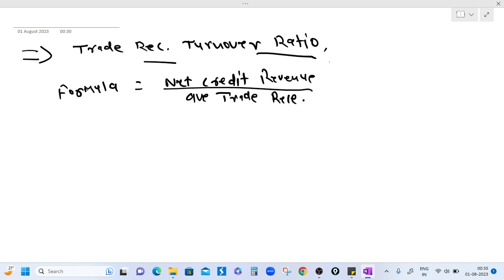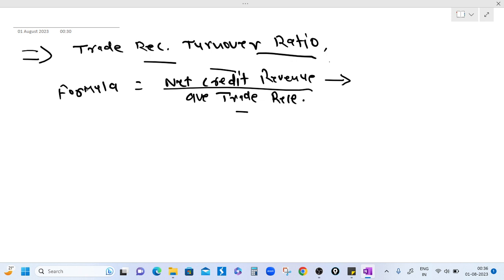You can understand why we take credit sales only: the sales we make on a credit basis will go into trade receivable. If we take complete sales, cash sales also, then it is not fair and it will not give the correct picture. So first you have to take credit sales, and second, average trade receivables.